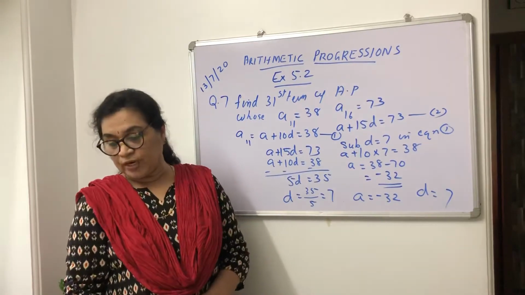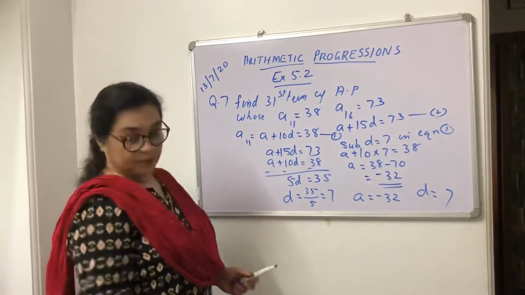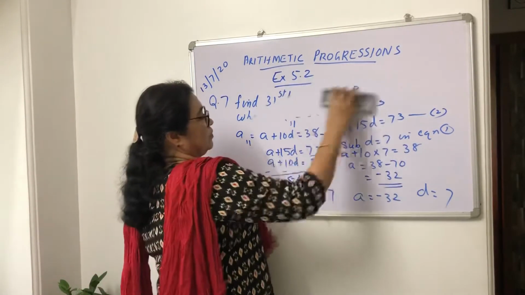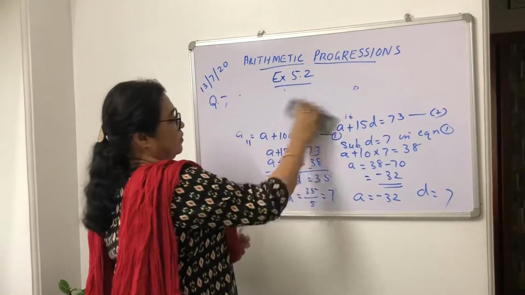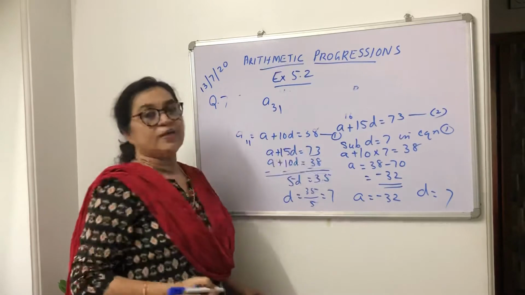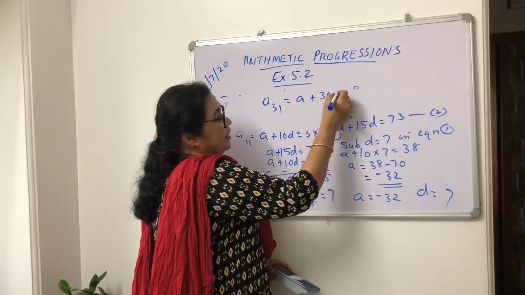So you need to write down the 31st term. The 31st term of AP, that is A31, equal to A plus 30D.